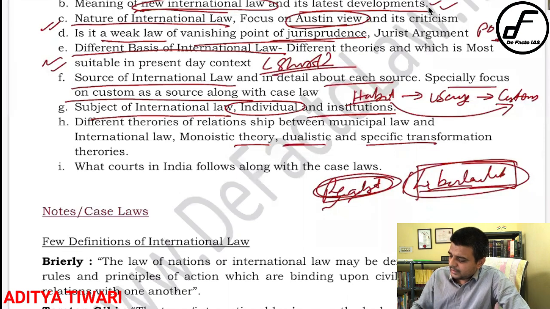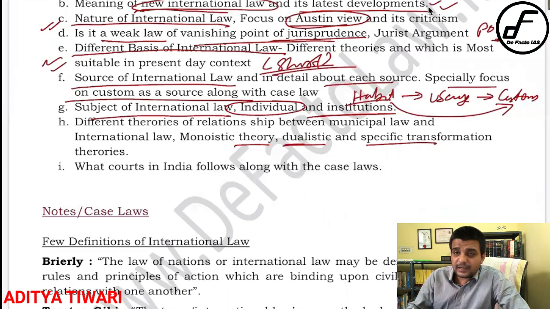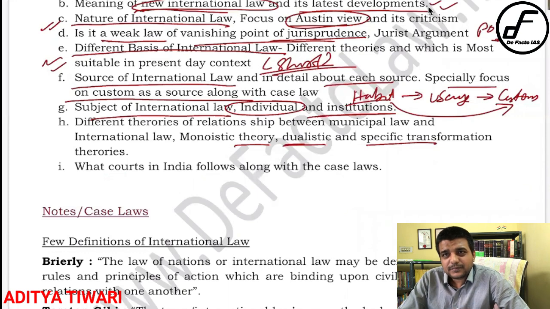Now, the last subtopic is what the courts in India follow according to this doctrine. Meaning that suppose there is international law and there is an Indian statute, what will India follow? Monistic or dualistic?